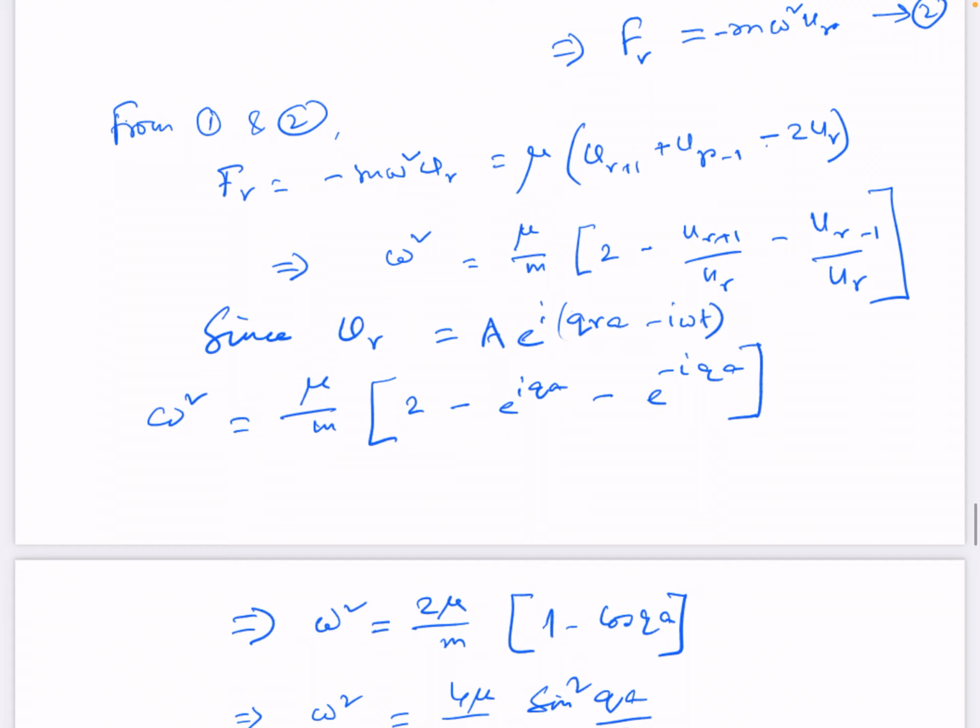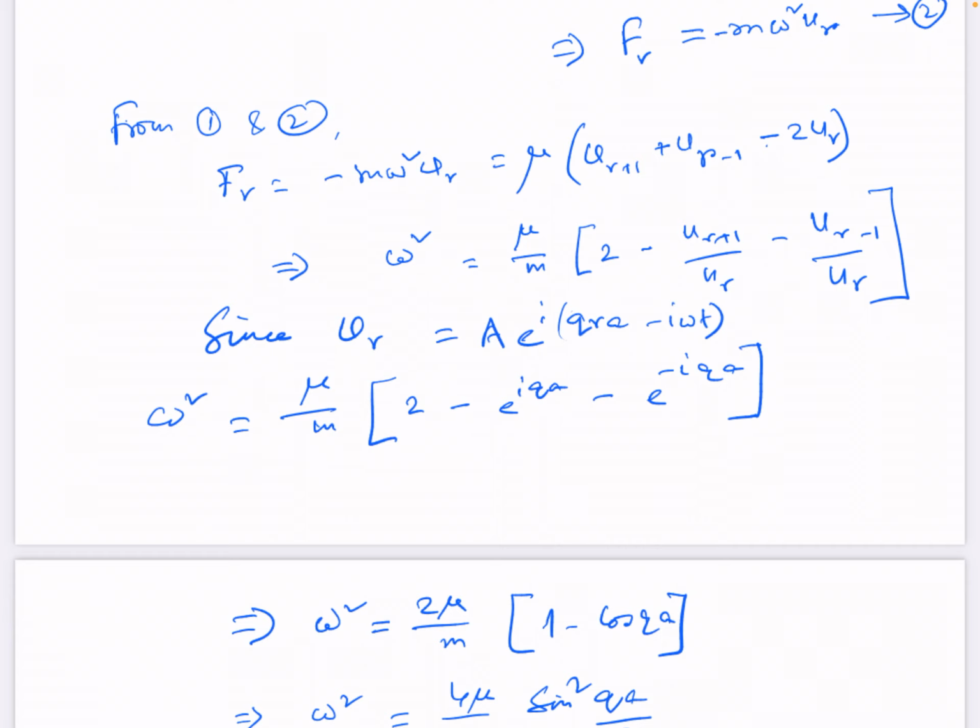Okay, so now if you do that, omega square equals mu by m times 2 minus e to the power i q a minus e to the power minus i q a. So now this gives us the relationship between the frequency and the wave vector. If you simplify this equation, we will find the dispersion relation.